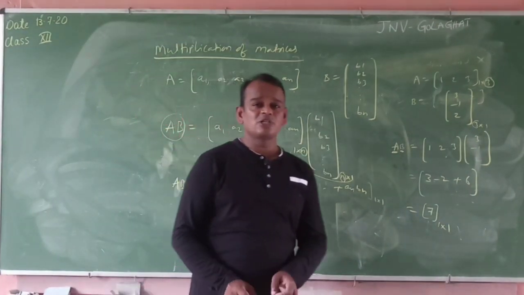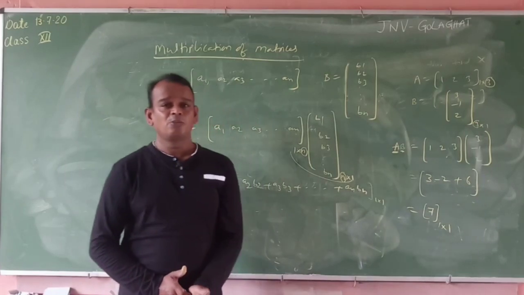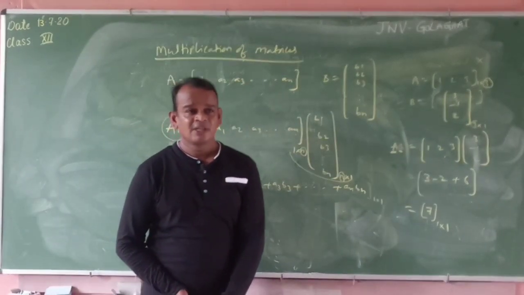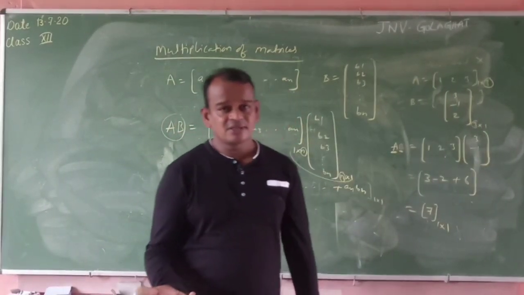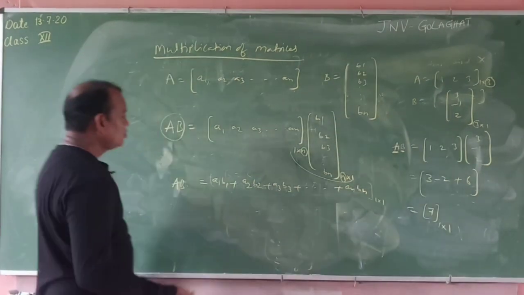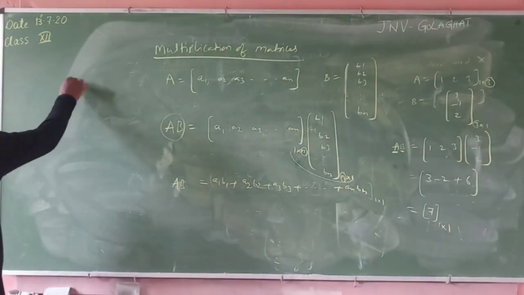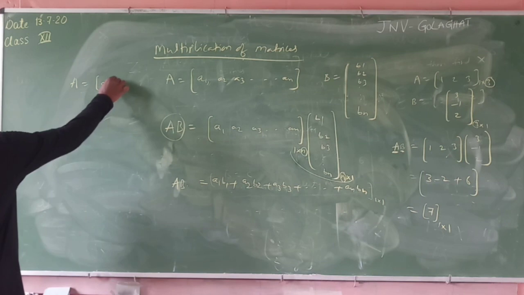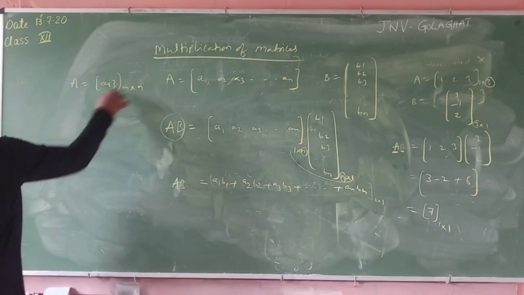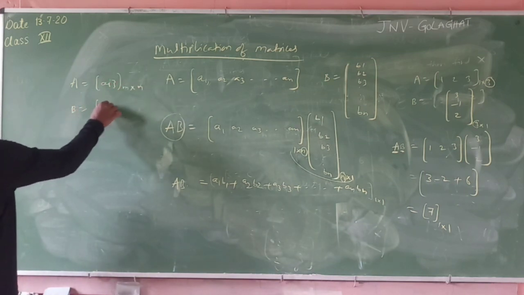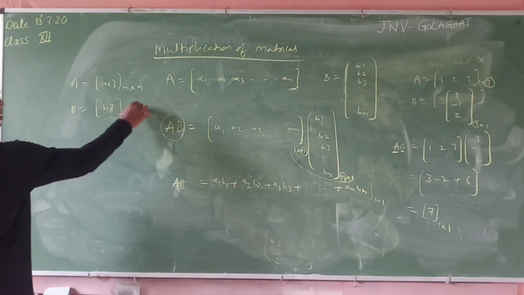Whenever the product is possible, what is the definition of the product of two matrices? If A and B are two matrices, suppose A is equal to Aij of order m by n, and suppose B is equal to Bij of order n by p.